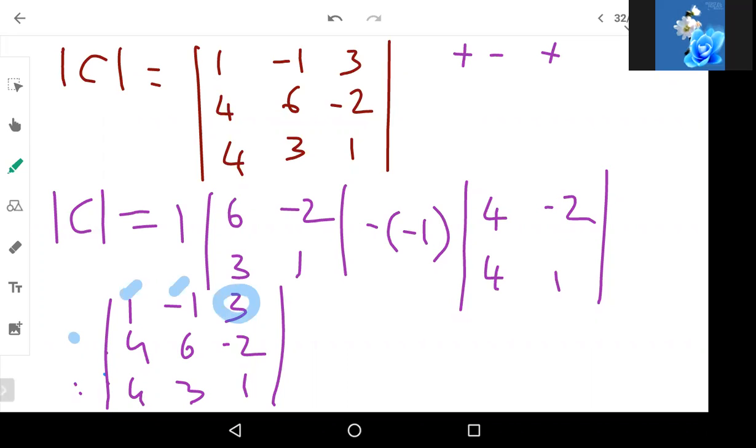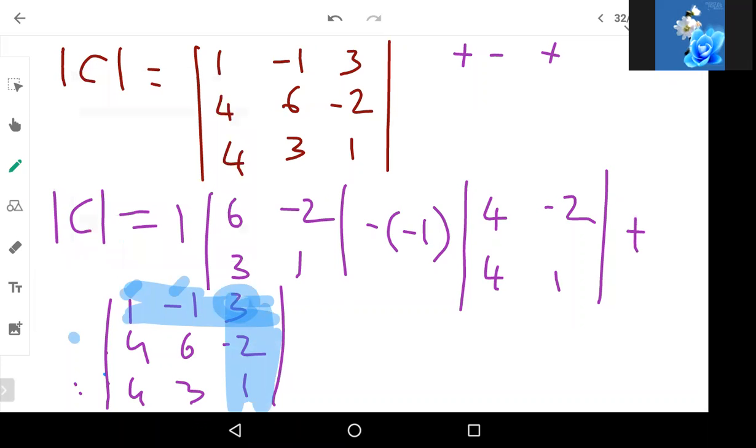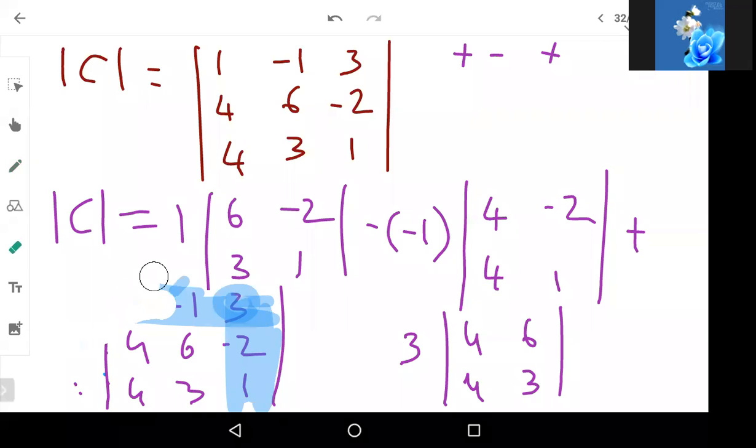Which means again first row will go and the third column will go. So what is remaining with us is, I'll just write down here, plus 3 into 4, 6, 4, 3. This is what is remaining with us.